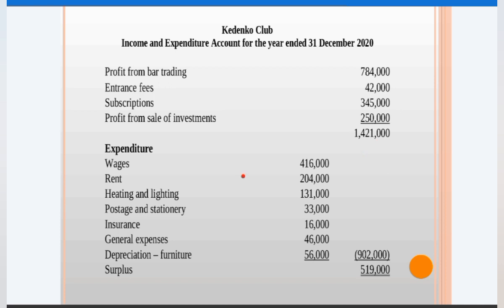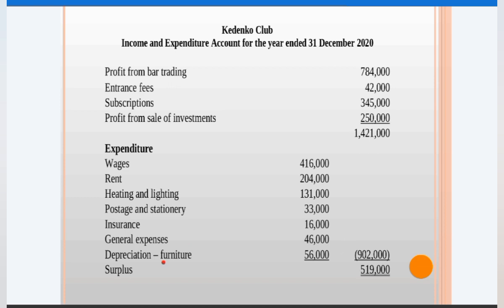Then we have wages, we have the rent, we have the heating and lighting. So wages is 416,000, the rent is 204,000, heating and lighting 1,000. And then we have the postage and stationery 33, the insurance 16,000, and excess 6.